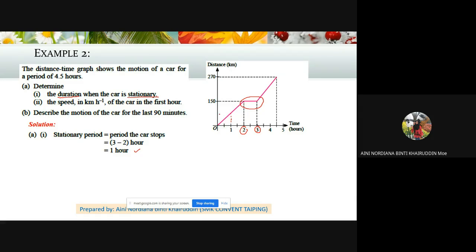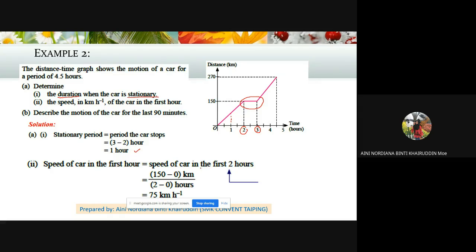Tapi you boleh cari gradient lah sebab dia kan garis lurus. Mean uniform speed. Uniform speed tu maksudnya speed dia sama je. Kalau dia bawa 50 km, 50 km je. So boleh kira untuk full. Sebab speed dia sama je.